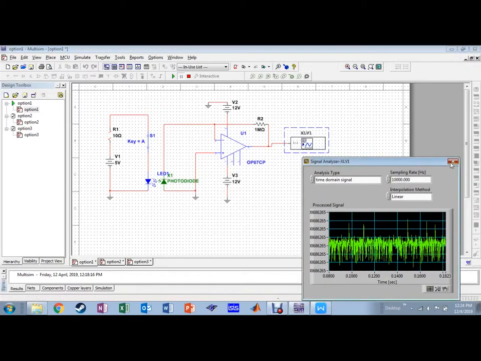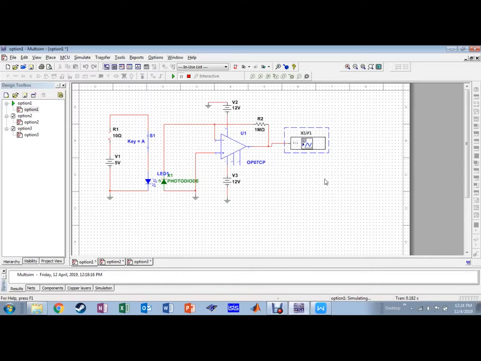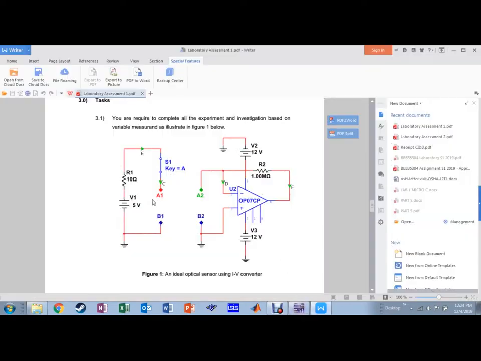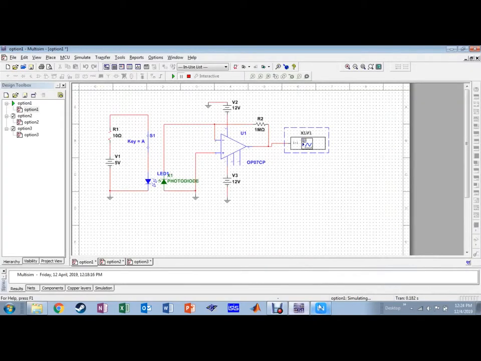Pause. Next, we need to measure the current, voltage and also power at certain points. For this circuit, the first task is to measure the current, voltage and power at points C and E. Instead of using a multimeter, we can use a probe, which is easier.